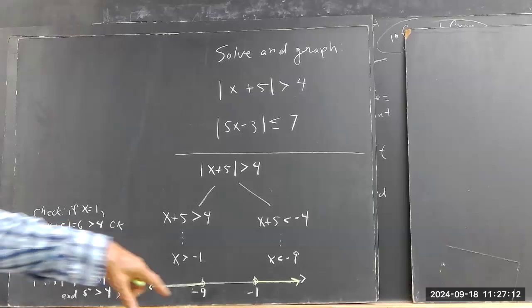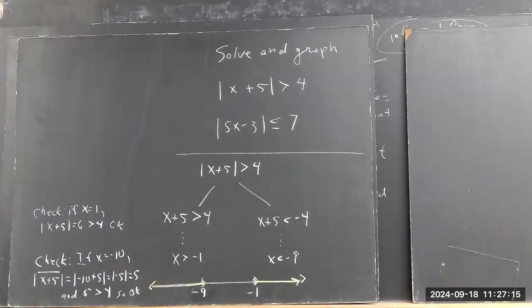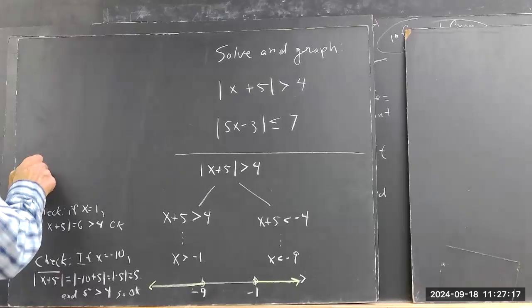X plus 5 is 6, and that's greater than 4, right? And then another check.